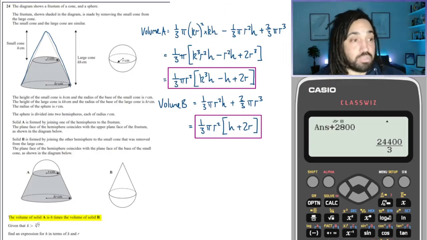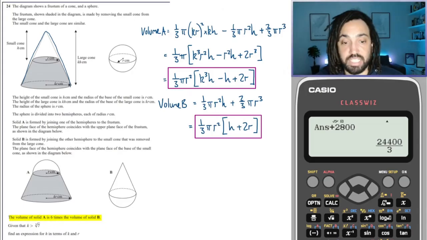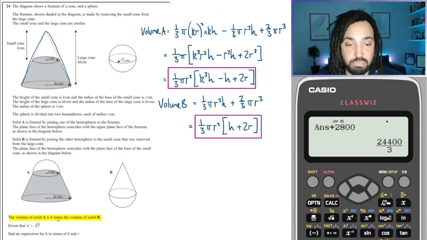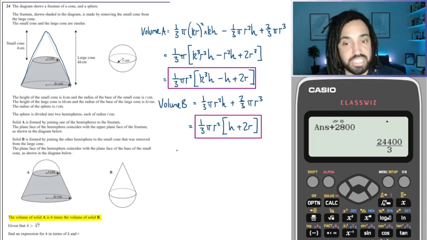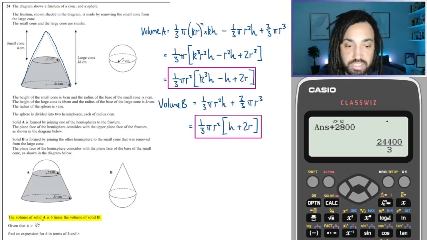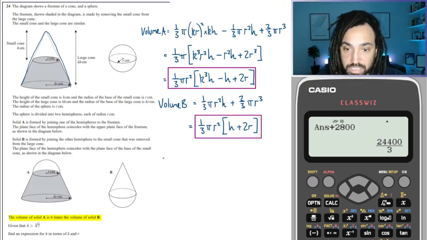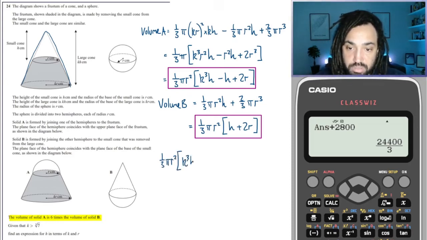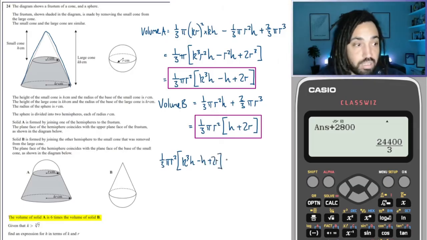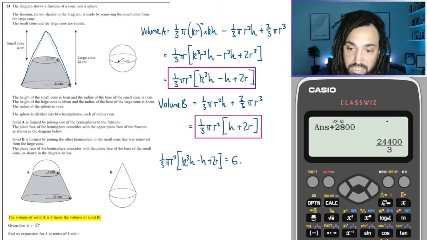Now, there's always a big temptation to times A by 6 here, because it says that A is 6 times bigger. Don't do that. Remember, this is an equation, and it means that A, which is this one, is equal to 6 times the other one, B, which is going to look like this.